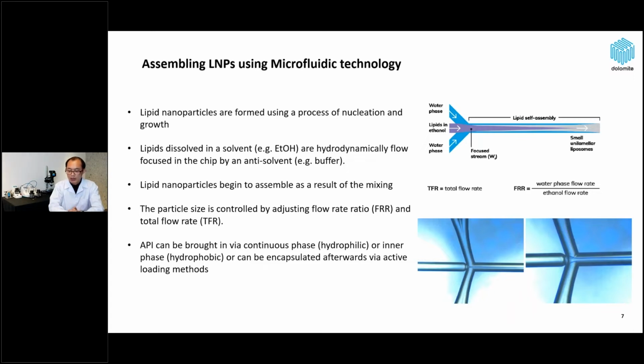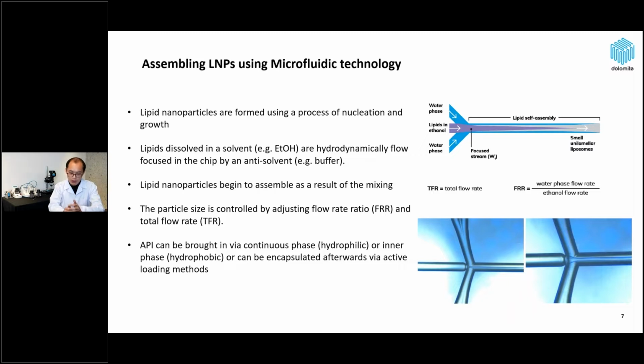The nanoparticles begin to assemble as a result of mixing, and are believed to form at the interface of the two streams between the lipid in ethanol and the water phase. To control the size of the particles, we can control the flow rate ratio or total flow rate.